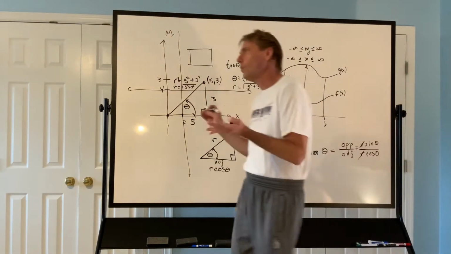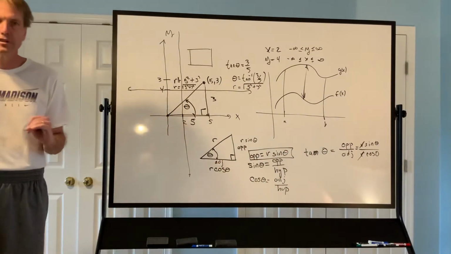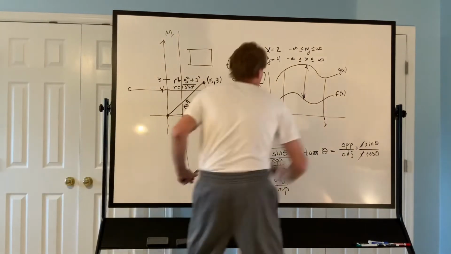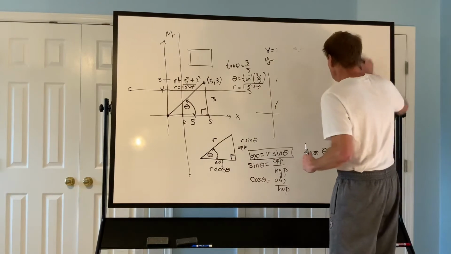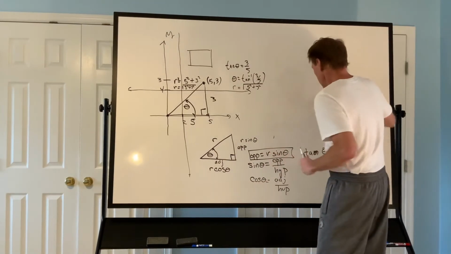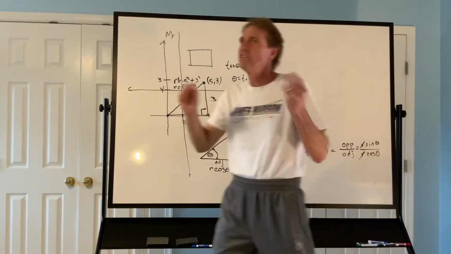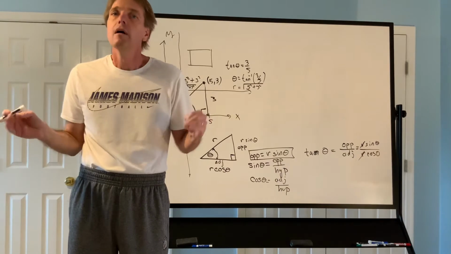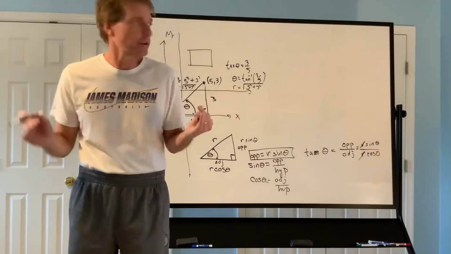Now you're like, well, Dr. Warren, why are polar coordinates of any interest to us? It's because so much of what we see in nature, especially celestially, deals with things that are circular.